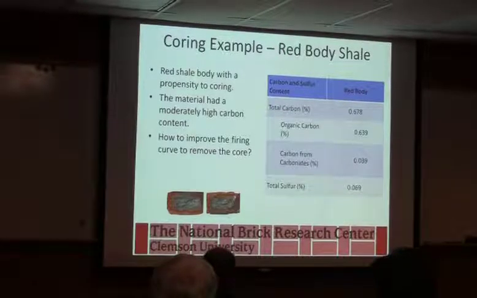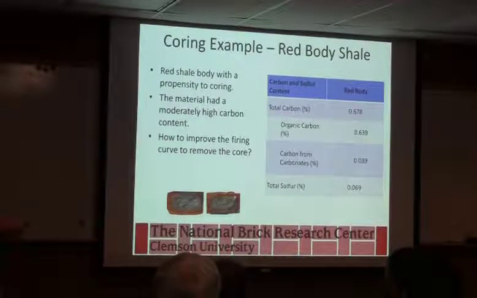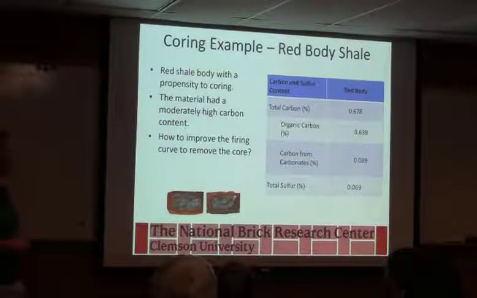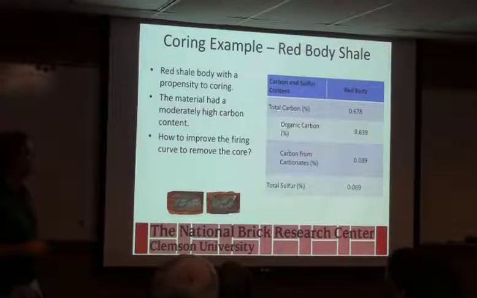Coring example for red body shale. We've got a red body that has a tendency to have coring. The material had a relatively high carbon, and to improve the firing curve and remove the heart, we looked at total carbon and organic carbon.